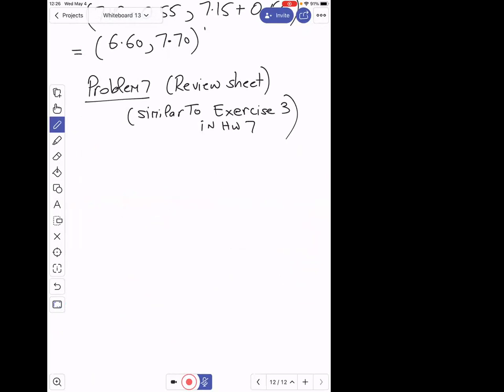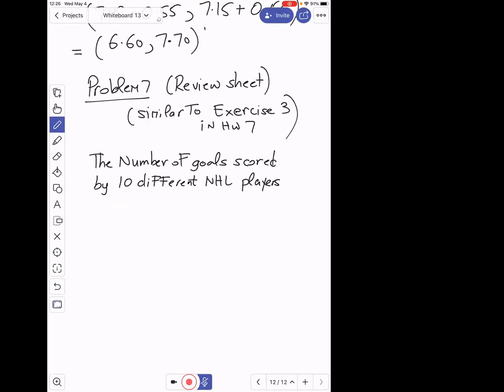It says the number of goals scored by 10 different NHL hockey players in the last season are, so we have 10 different values. Let me write down the problem here. The number of goals scored by 10 different NHL hockey players in the last season are 10, 13, 21, 15, 23, 20, 14, 25, 10, and 35.